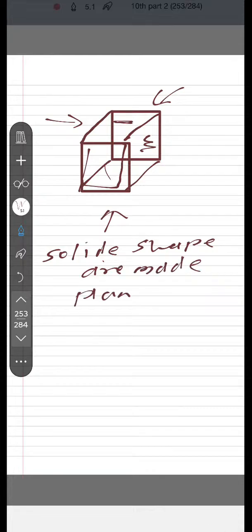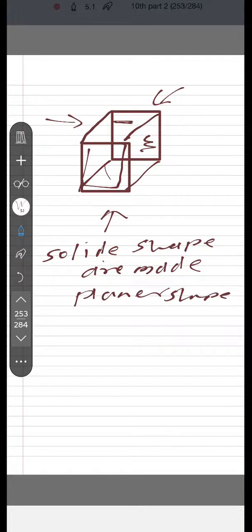Planar shapes. It means if you want to understand how the formulas of the solid shapes exist, then we must understand the formulas of planar shapes.